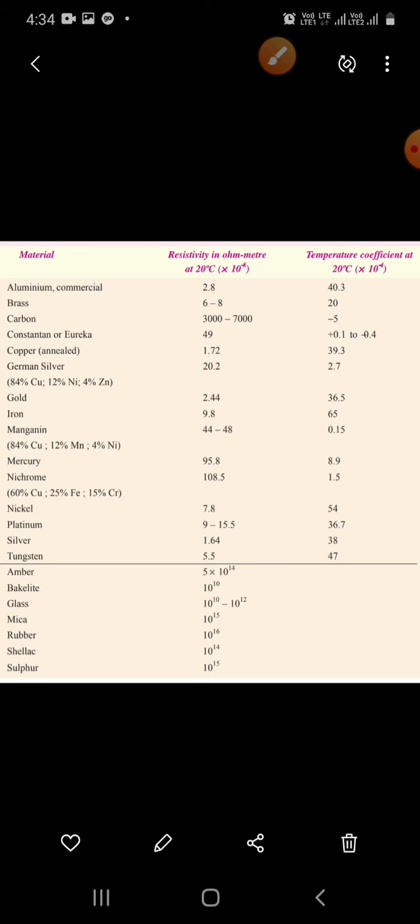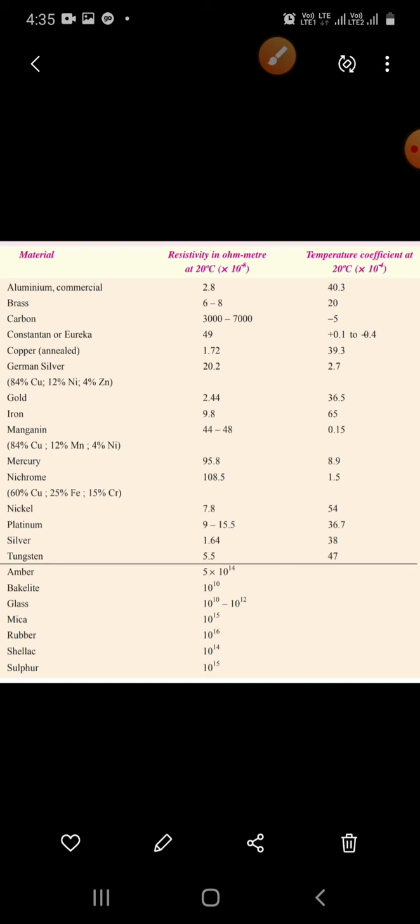You can see the table for aluminium, which is used commercially. At 20 degrees centigrade, the resistivity of aluminum is 2.8, and the temperature coefficient at 20 degrees centigrade is 40.3.